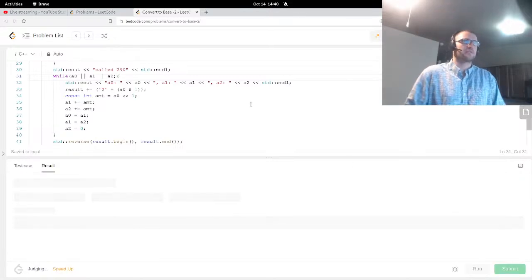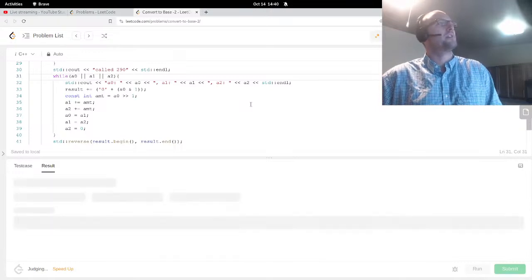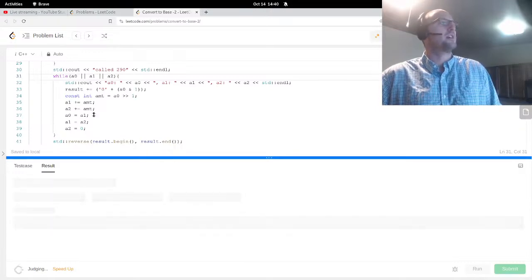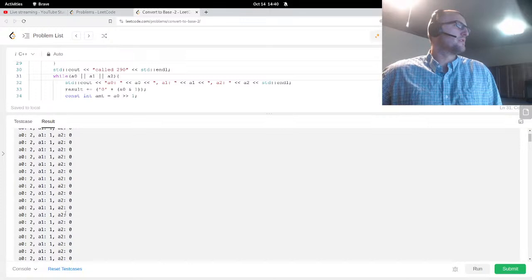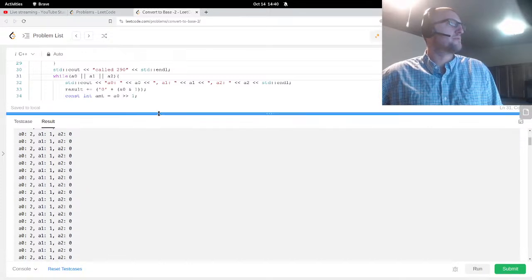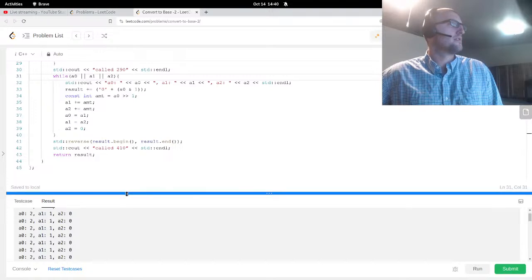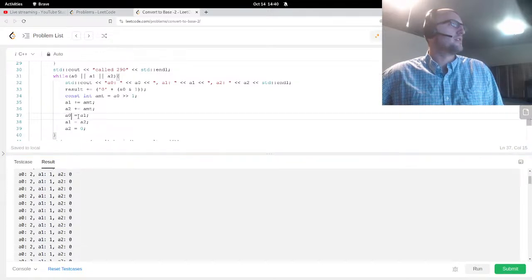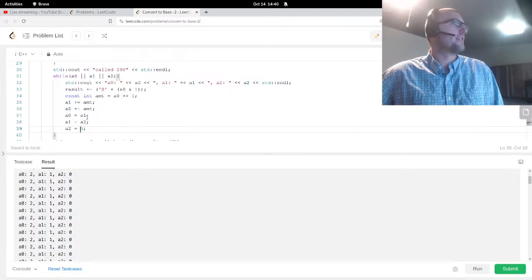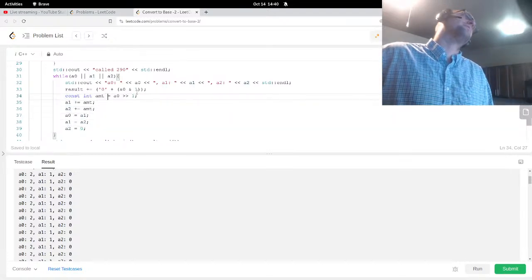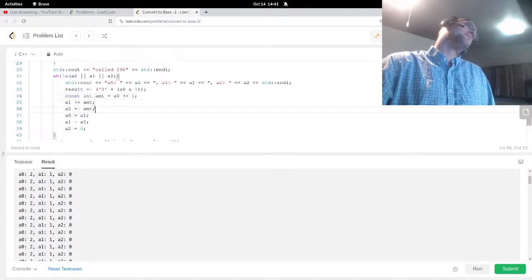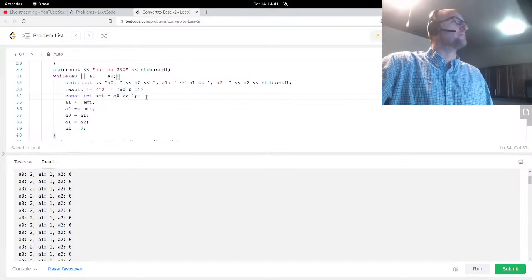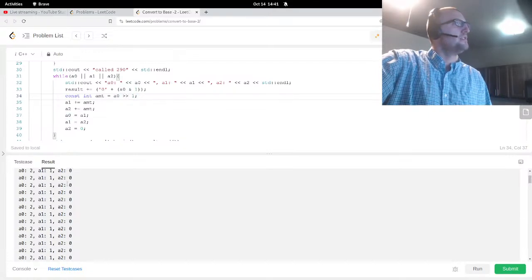Should all end up at zero at some point. And yeah, if any of them are non-zero, it should keep going, but it shouldn't ever go below zero. How does this happen? A2 ends up, what? A0 is A1, A1 is A2, A2 is 0. And then we say, okay, oh. How long does this go for? And why is it doing this?